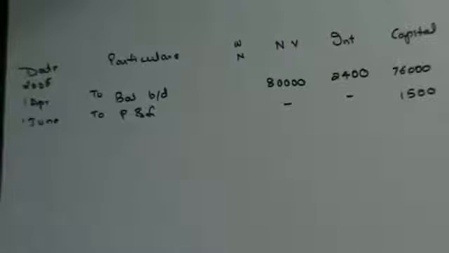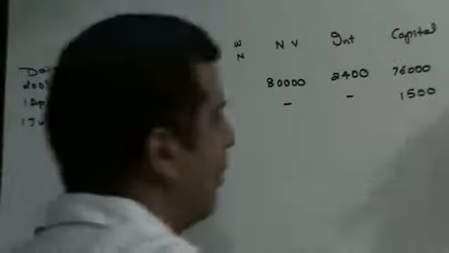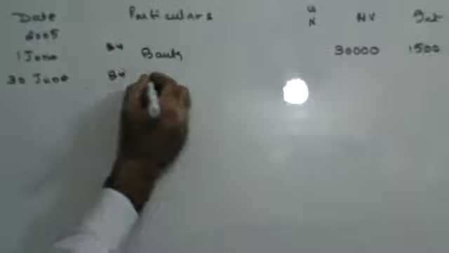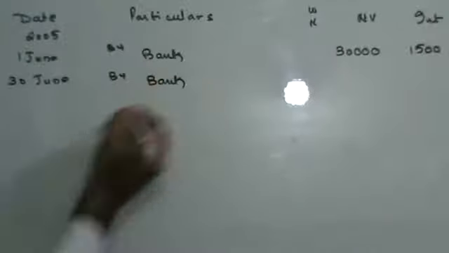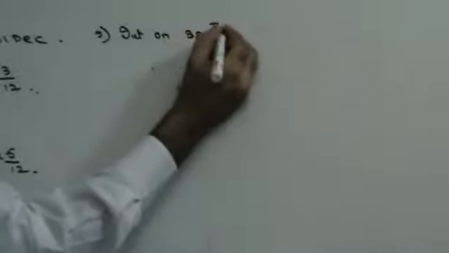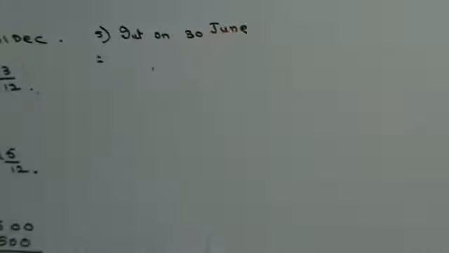Next, on 1st September. Before 1st September, there is 30th June, the date on which interest payment is due. So you will have 30th June, by bank, interest. As on 30th June, what is the value of investment that I'm holding? 80,000 minus 30,000, I'm holding investments of 50,000.